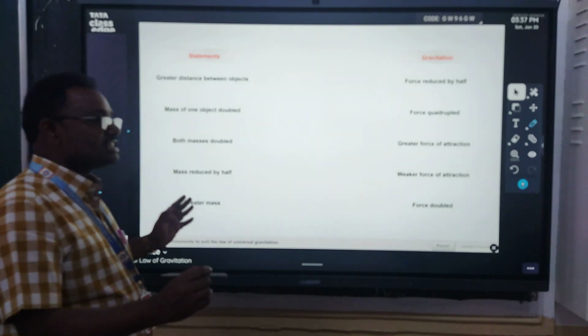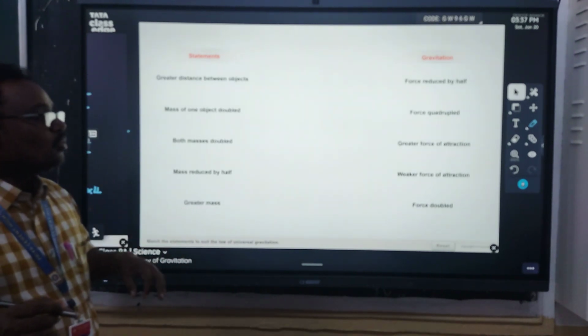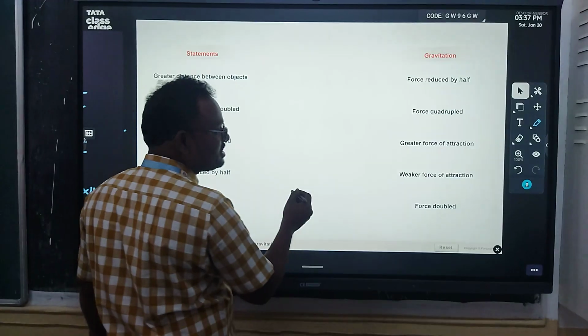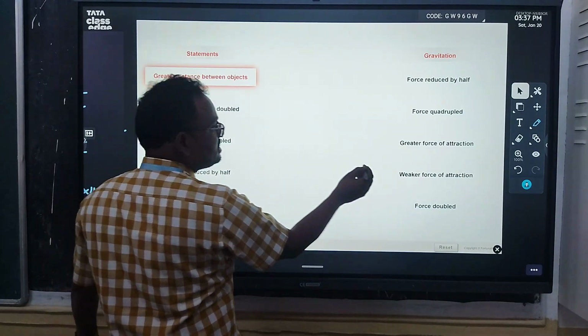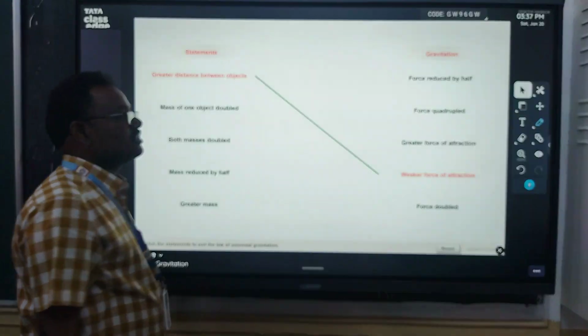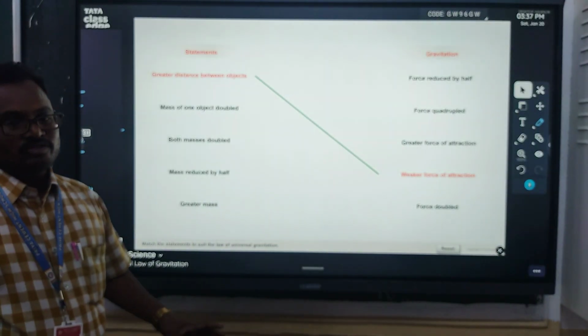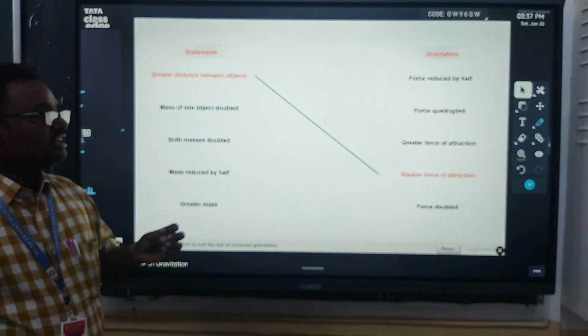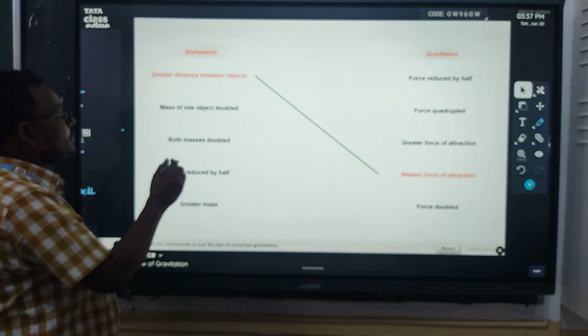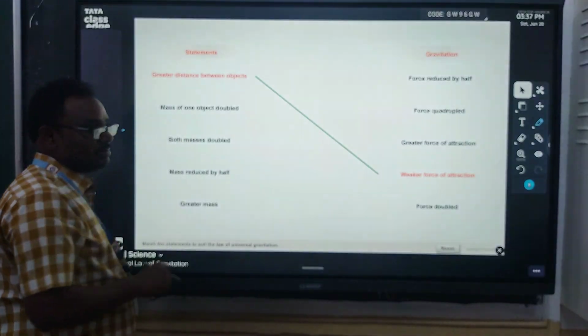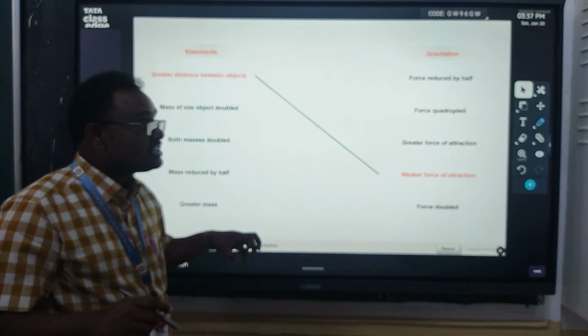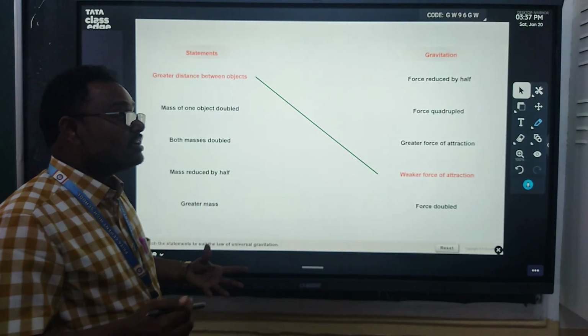When the distance is greater between the objects, what will happen to the force? So, greater distance. Excellent. Weaker force of attraction. Force increases, force decreases. Next, mass of one object is doubled. If mass of one object is doubled, force also becomes doubled.